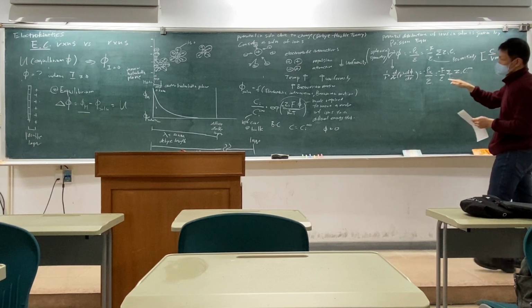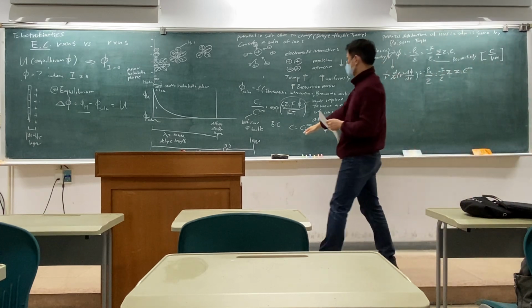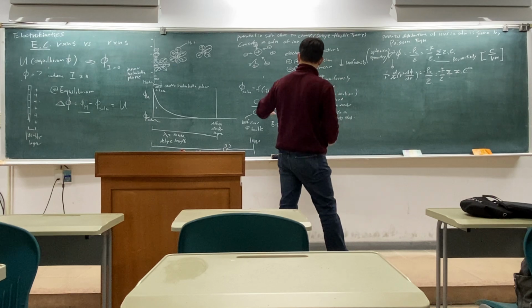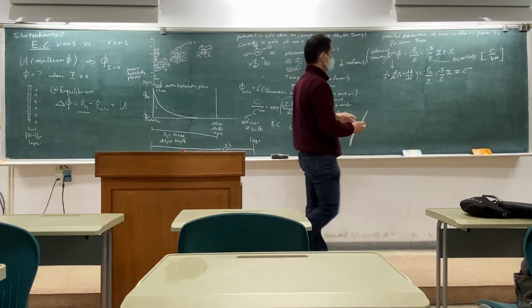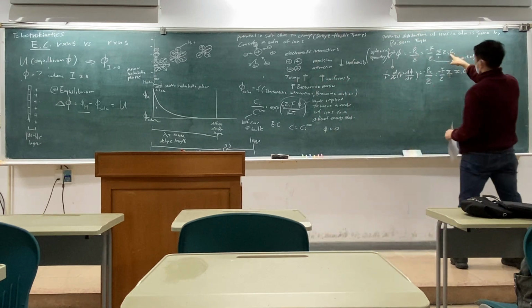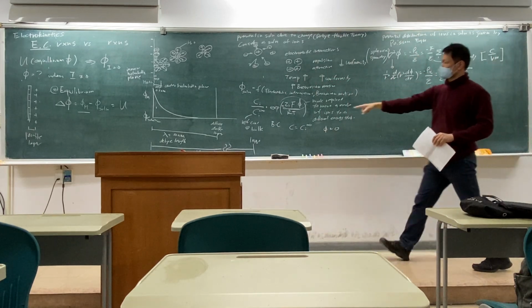Okay, you substitute this. Ci is equal to Ci infinity times this. So you substitute the Ci with this.